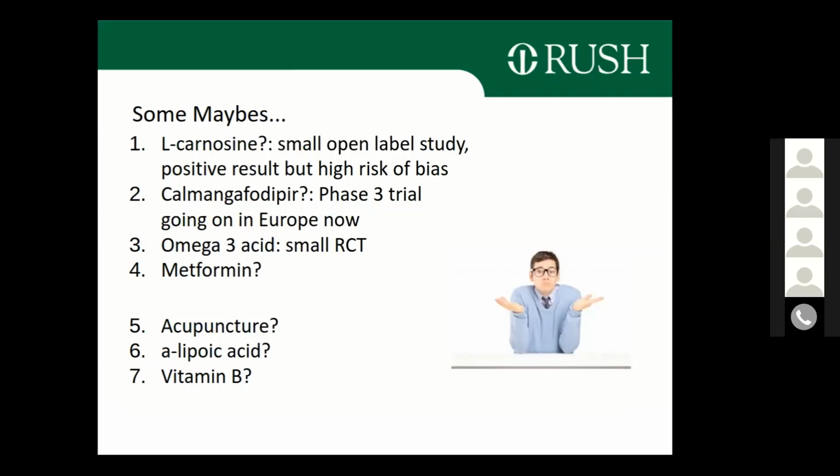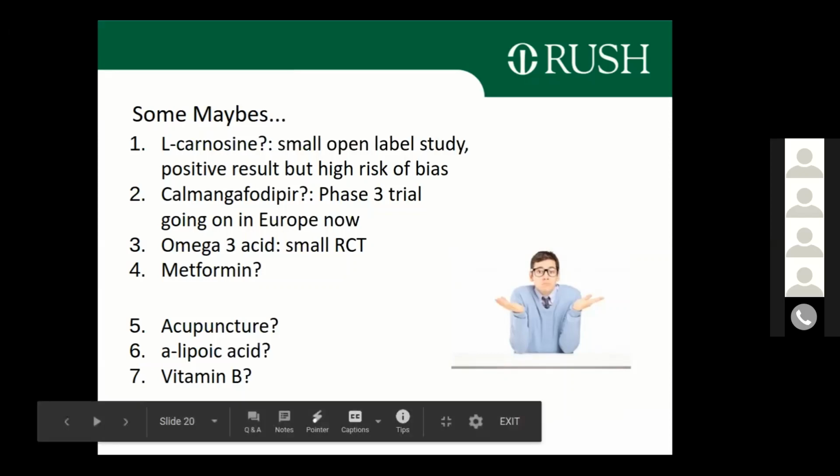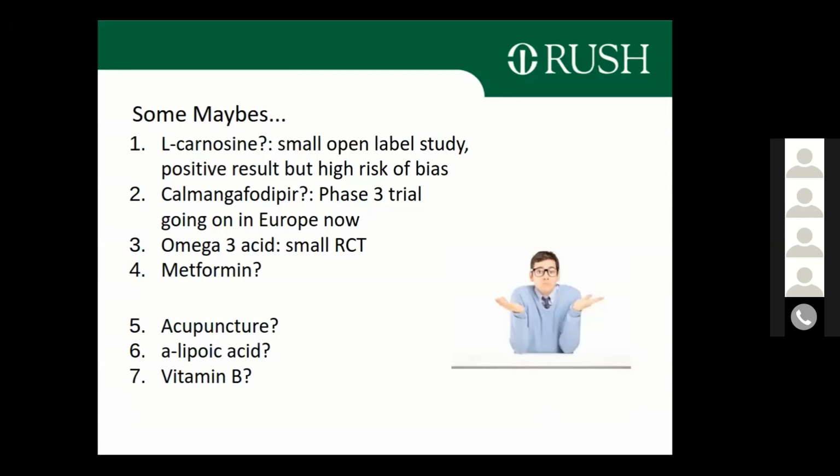So that was tried in patients undergoing chemo, but only about 30% of the patients were able to actually finish taking it, either because of the side effects or it was just too difficult, and then we didn't see any difference. And vitamin B, again, very small trials, not clear data, so I'm not sure if it's going to end up being a good drug or not. We just don't have enough numbers to say.